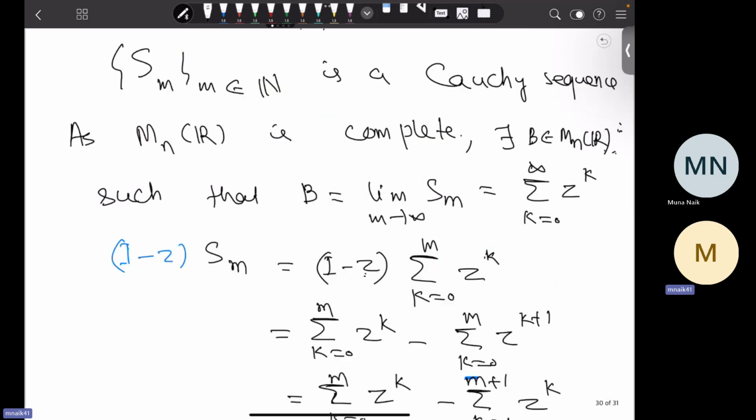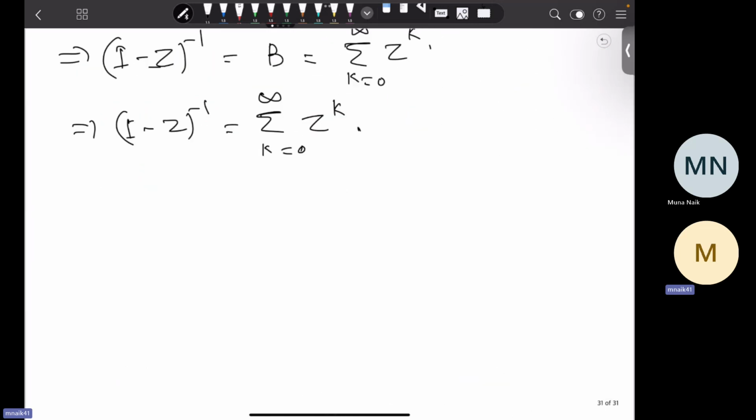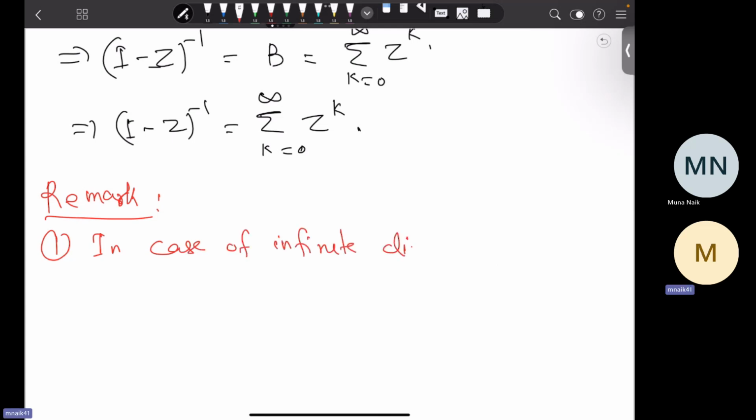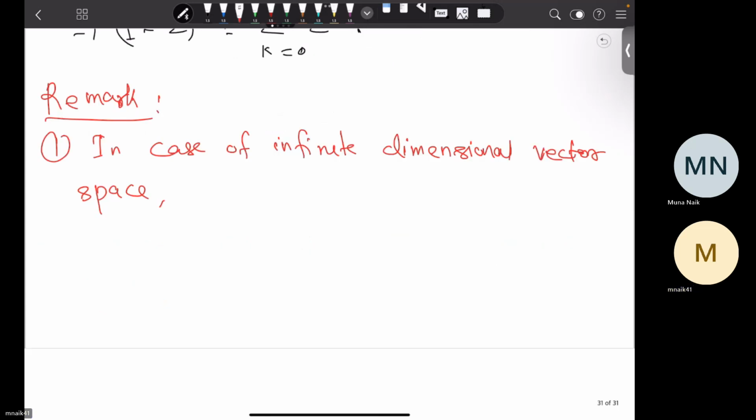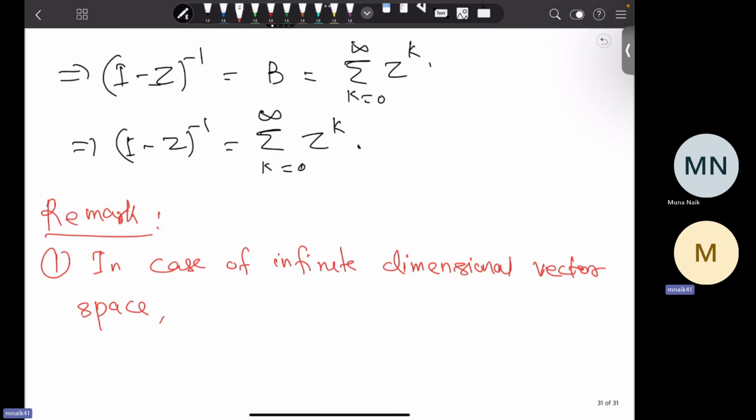Now there are two remarks. The first remark is about the case of an infinite dimensional vector space, say a Banach space.